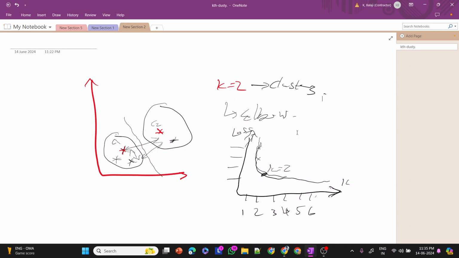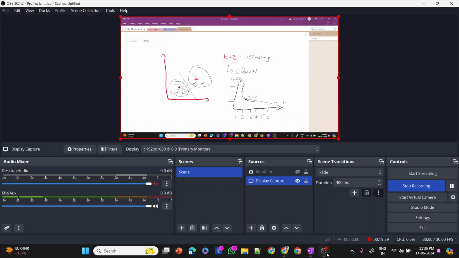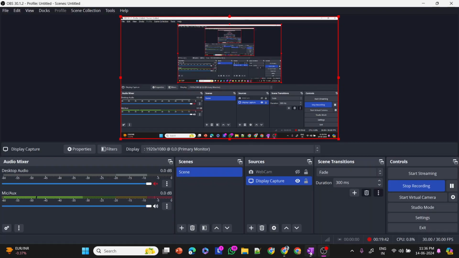This clustering algorithm is widely used for unsupervised learning, and we will try to find k number of clusters, and it uses the Euclidean distance formula to find the similarity between each group or each point.